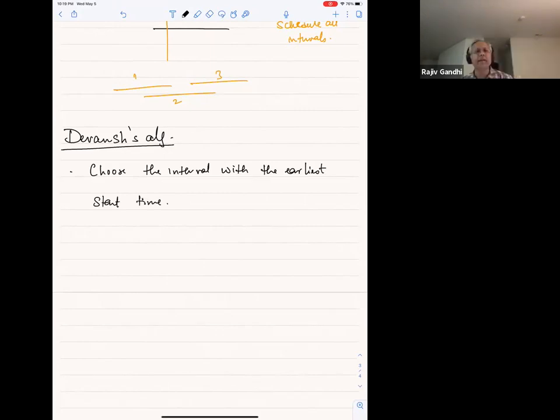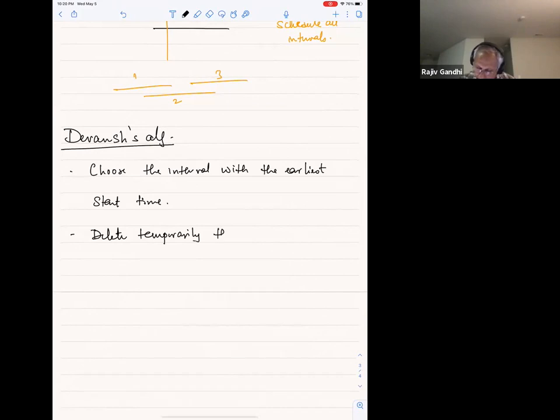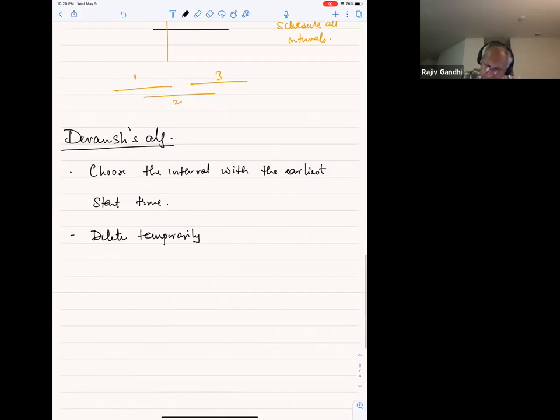Choose the interval with the earliest start time. Delete, temporarily, let's say, the overlapping intervals.